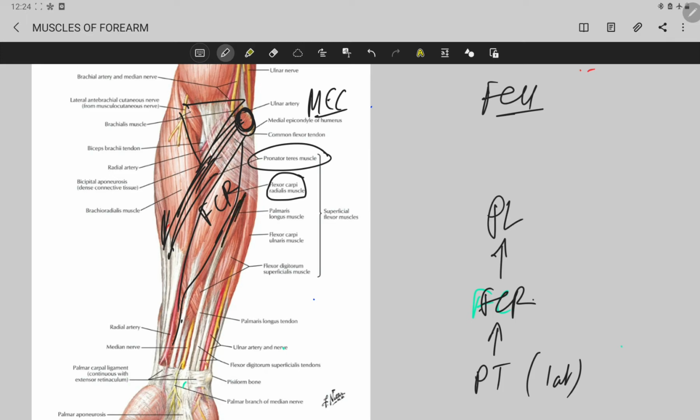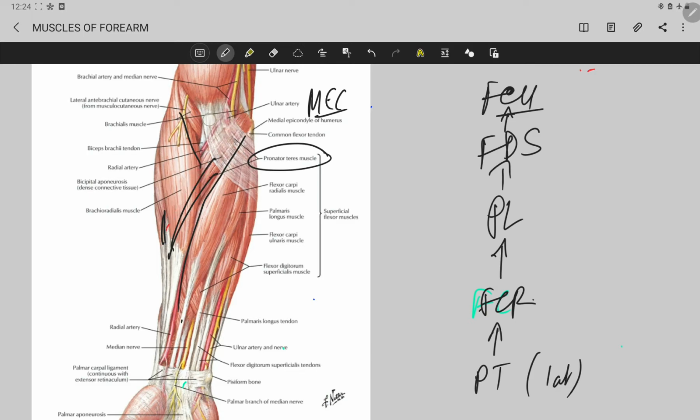This is the palmaris longus with the short belly and long tendon, also forming the palmar aponeurosis. And medial to palmaris longus, you can see the flexor digitorum superficialis, and medial to flexor digitorum superficialis, you can see the flexor carpi ulnaris. These are all the superficial muscles of the anterior compartment of the forearm.